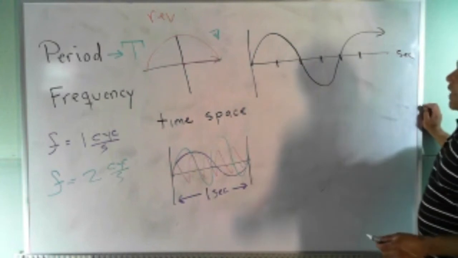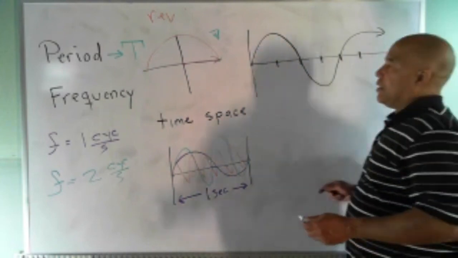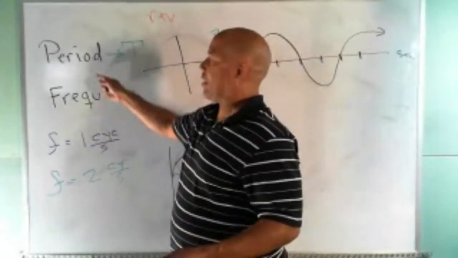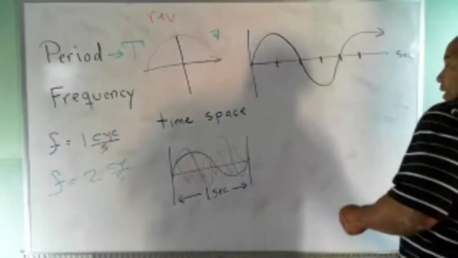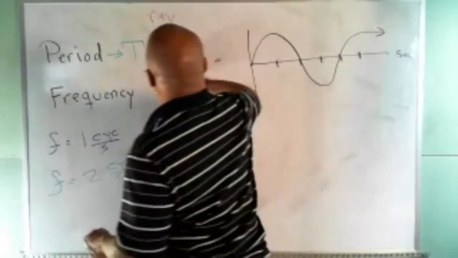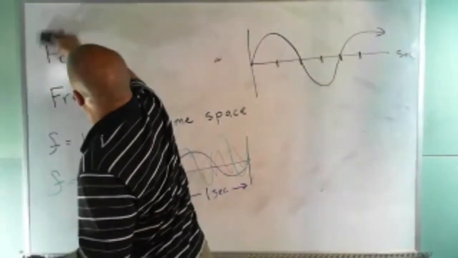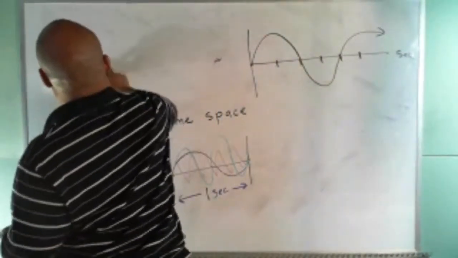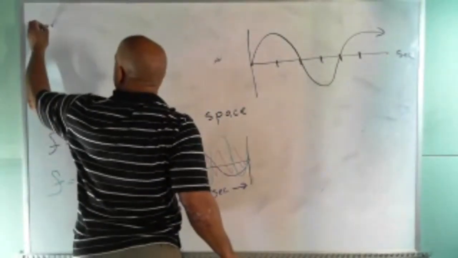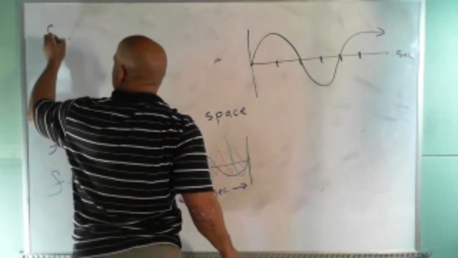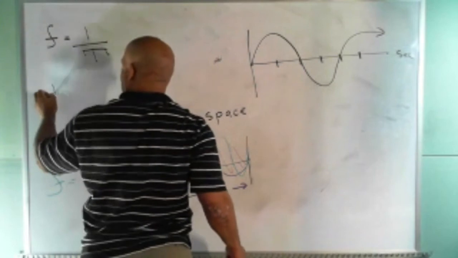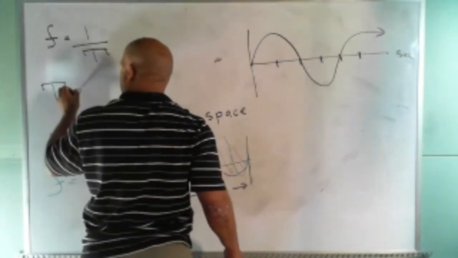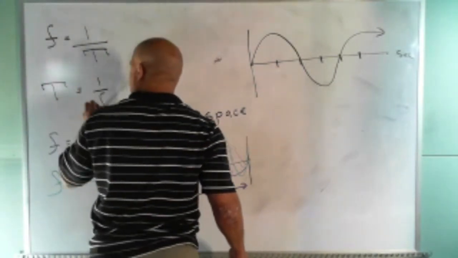So if I give you something like that, there's a relationship between period and frequency that you need to remember. And I'm going to give you the equation here right now. The frequency is equal to 1 over the period, or the period is equal to 1 over the frequency.